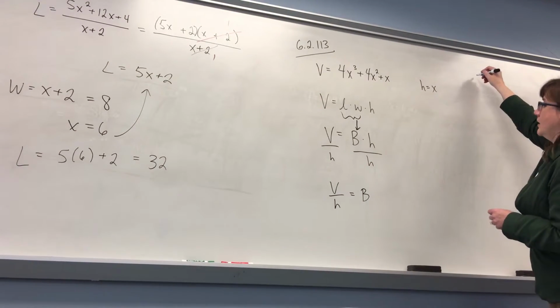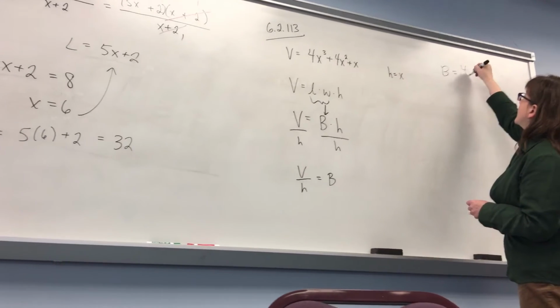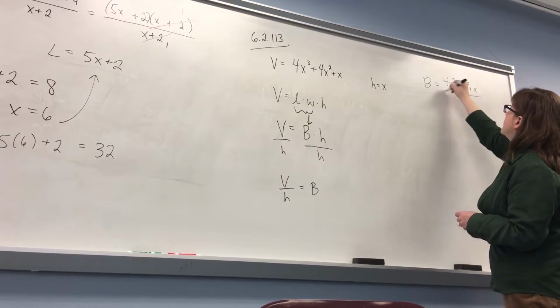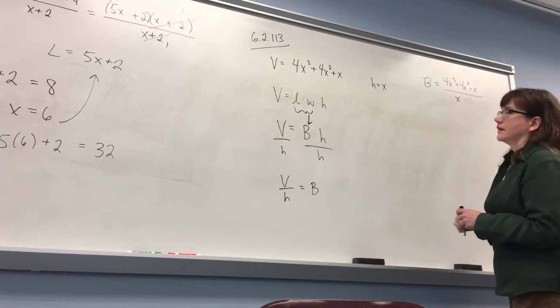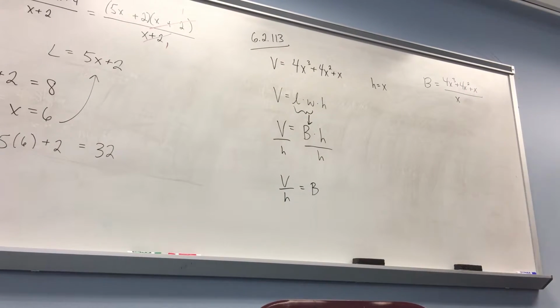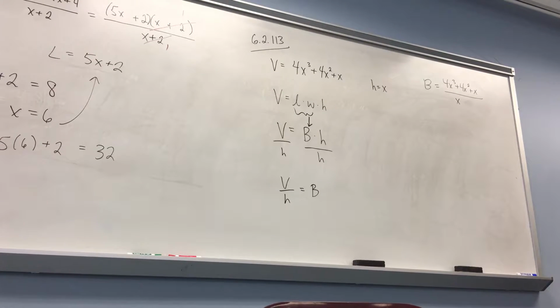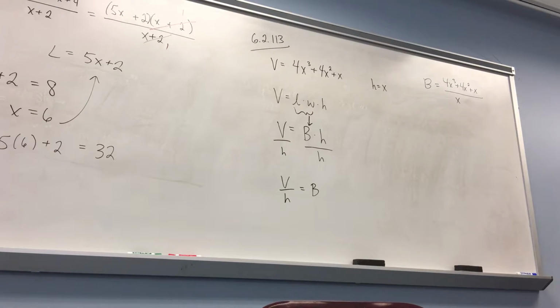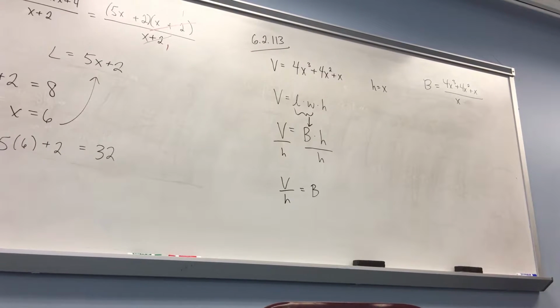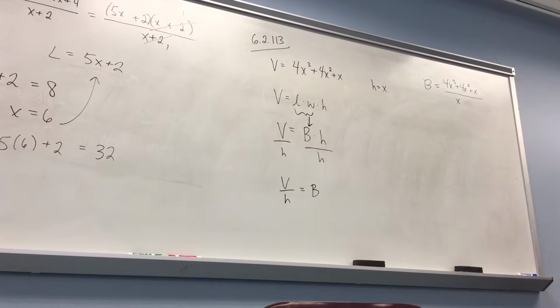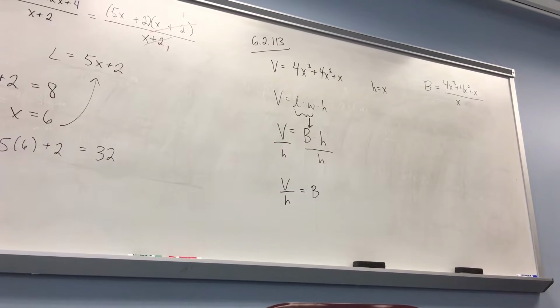Okay, so I would have 4x cubed plus 4x squared plus x, and I'm going to divide that by x. Now, when you have a monomial, when you're dividing by one term, you can just distribute that one term to everything in the top, or, since this is a section on simplifying rational expressions, we could factor and see if there are any factors.